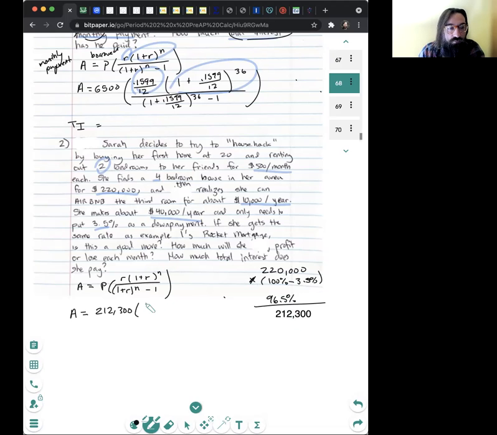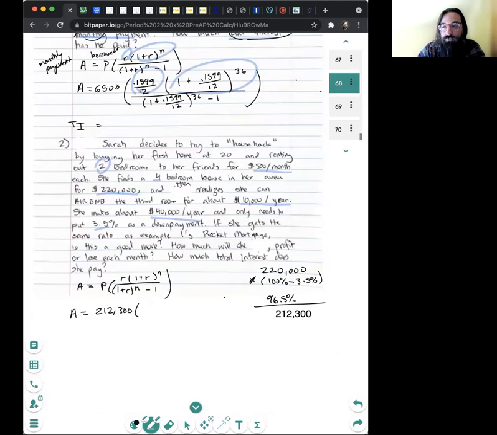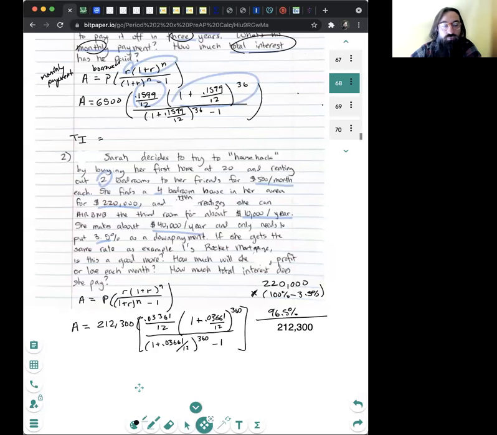7,700 as the down payment. So now we're going to go ahead and just copy all of the other information really from example 1, because it's the same rate, 3.361%, 30-year loan, and we're looking for the monthly payment. So I've done nothing other than what I asked you guys to do, which is to copy from the previous problem.